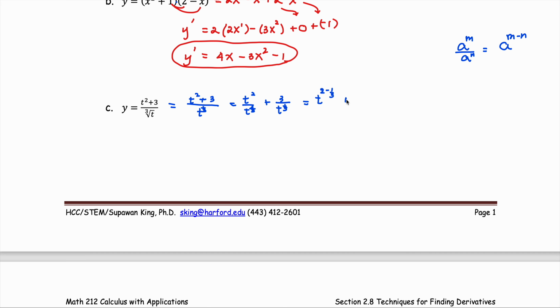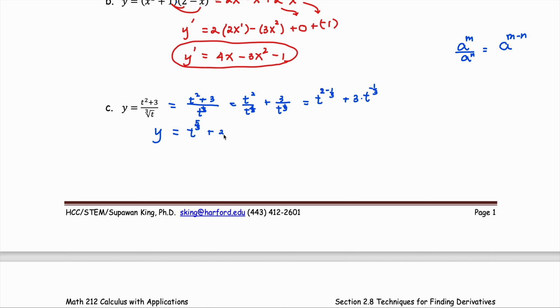The second one is 3 times t to the power negative 1/3 by bringing the denominator up, the power changed to the negative. 3 is treated as a constant multiple. That means the function y now is simplified to be t to the power of 5 over 3, from subtracting 2 and 1/3.